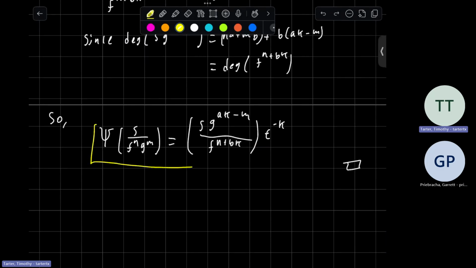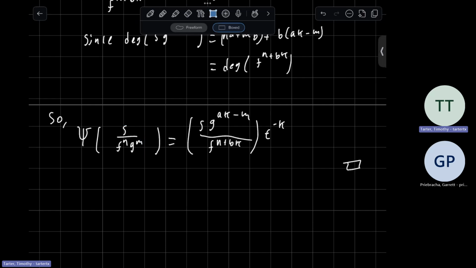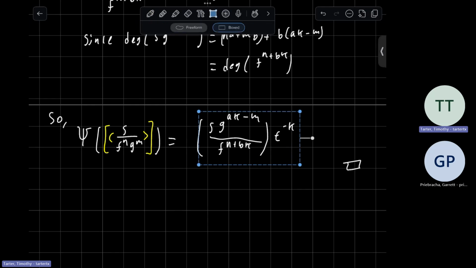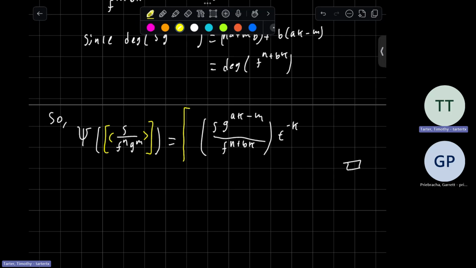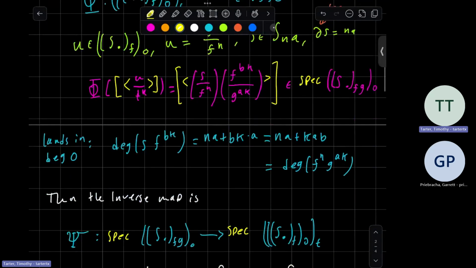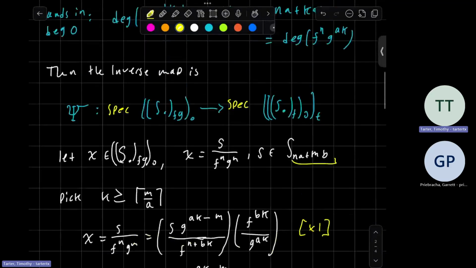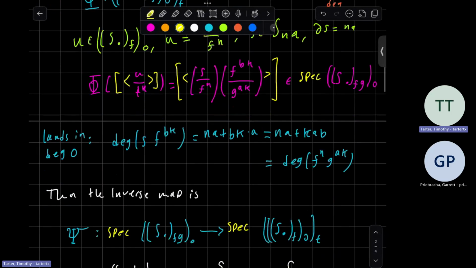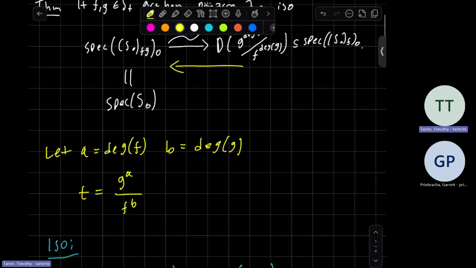We want our inverse map to send, and now this is where we have to change some things, but we want it to send this ideal class spec over to this point in other spec. And so we have this kind of inverse mapping where we can take one and represent it as the other and push them back and forth.